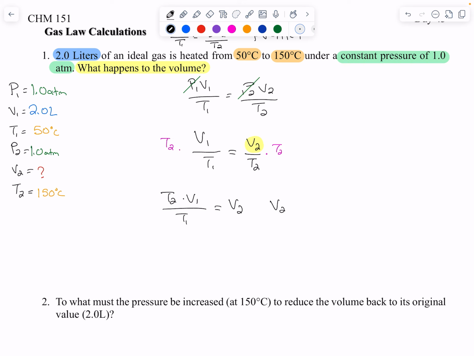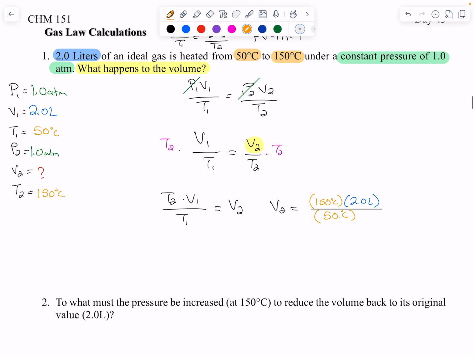So V2 will equal T2, 150, times V1, 2.0 liters, over T1, 50 degrees Celsius. And so that looks like that would be 6 liters.